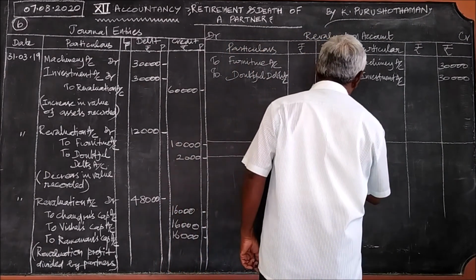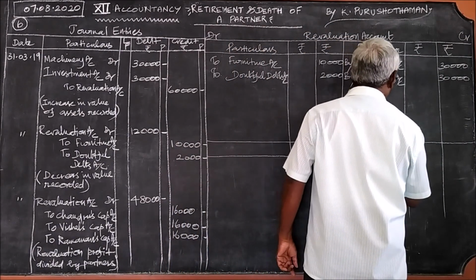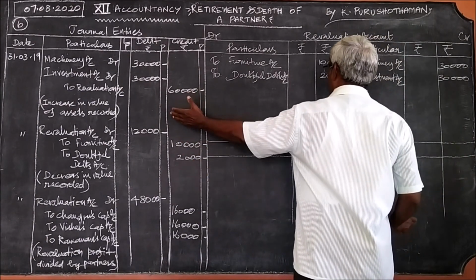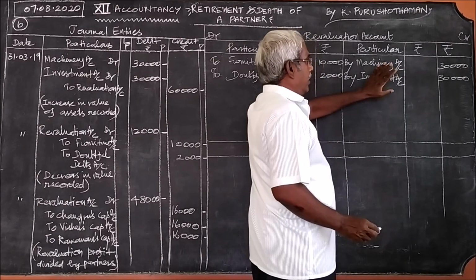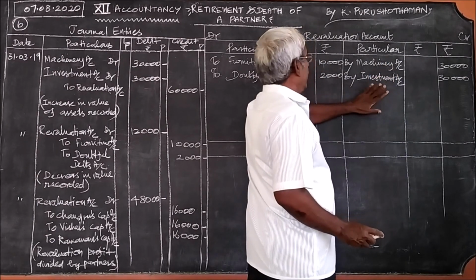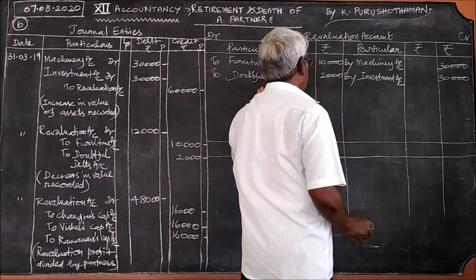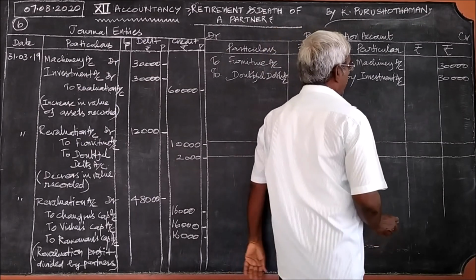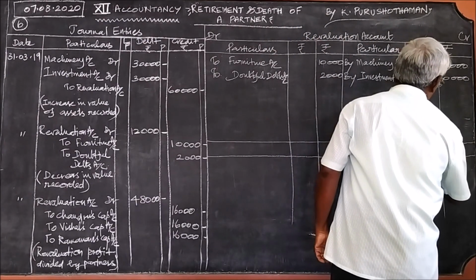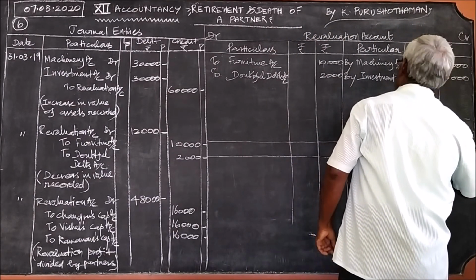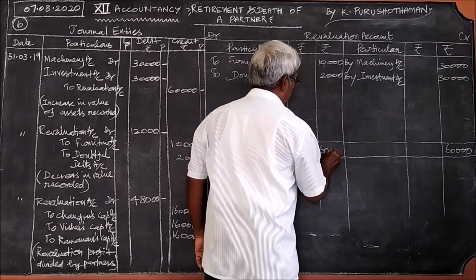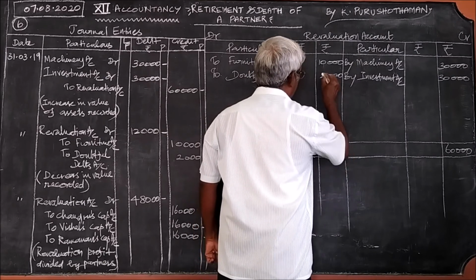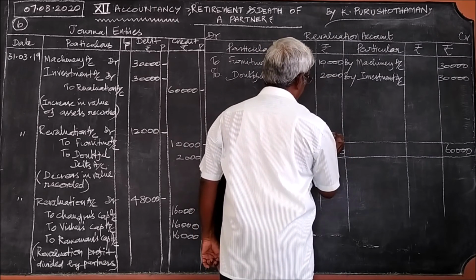Suppose you are asked to prepare the revaluation account straight away without the journal entries, you should write all the profit items on the credit side, loss items on the debit side. So the credit total is greater, 60,000. This total is smaller and therefore write the greater total on both sides. The balancing figure is 48,000.